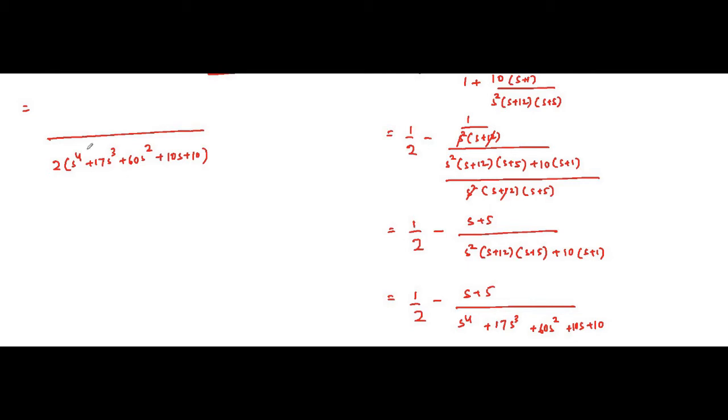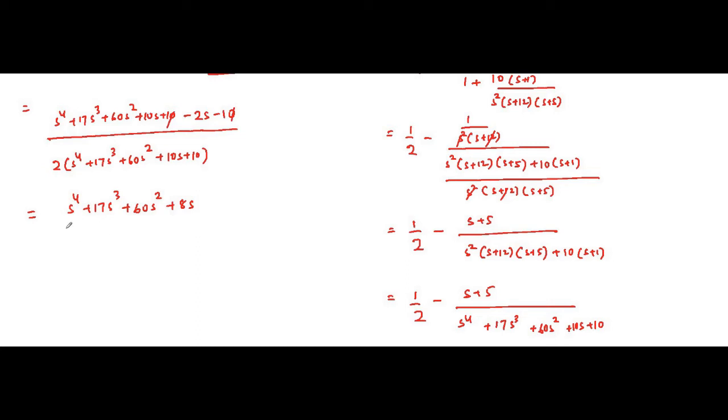So this now becomes s⁴ + 17s³ + 60s² + 10s + 10 minus 2 into (s+5), which is minus 2s minus 10. This 2 gets multiplied with s+5. So then it becomes s⁴ + 17s³ + 60s², 10s minus 2s becomes 8s, and 10 minus 10 gets cancelled.